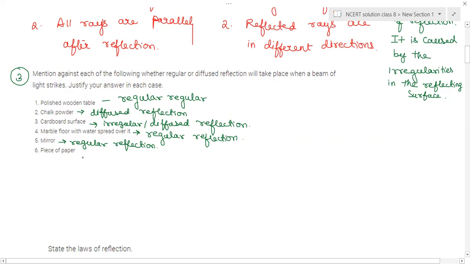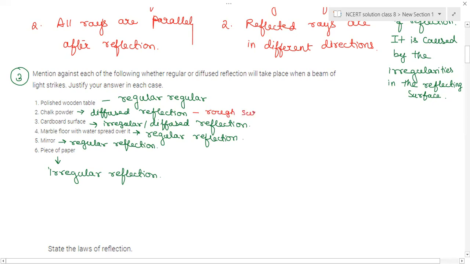Pieces of paper: irregular reflection. Now, children, for whichever question you have written as irregular reflection, you can always give rough surface as the reason.